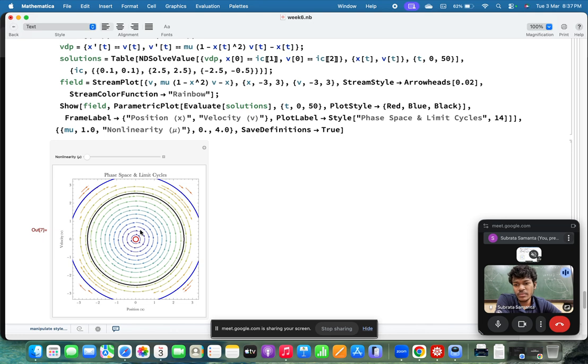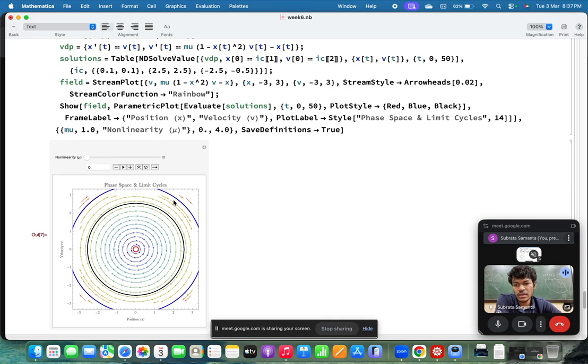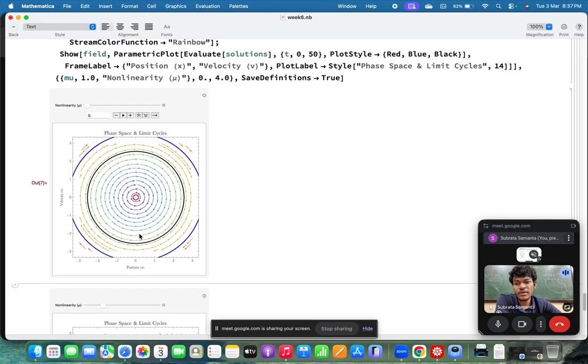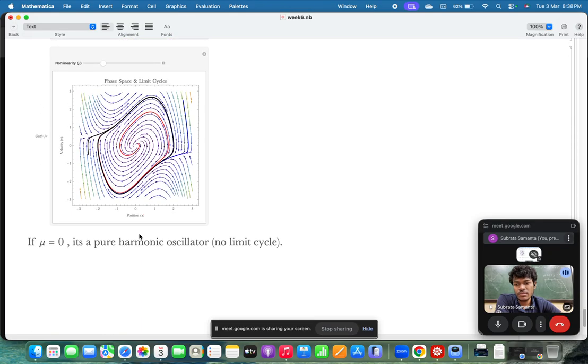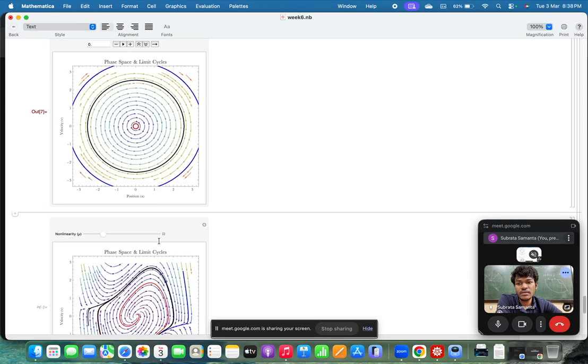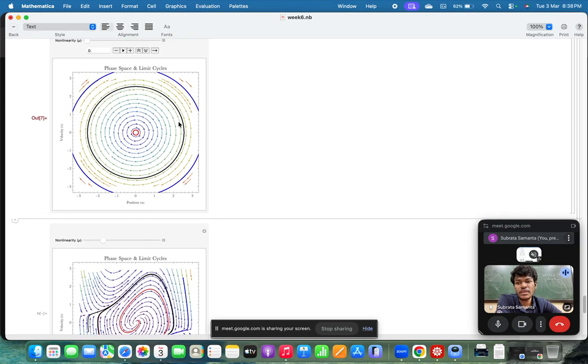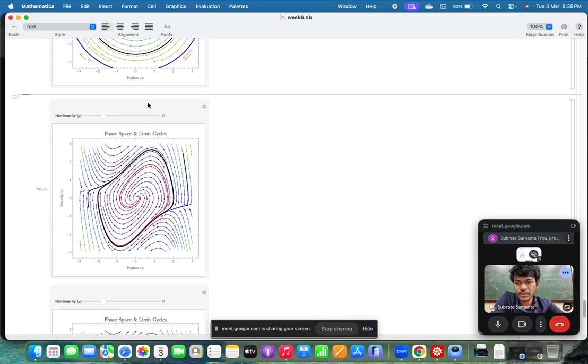The blue line contour is here, and the black one is there. They are different contours. At mu equals 0, this is a pure harmonic oscillator, there is no limit cycle. But for different values of mu, there is a limit cycle.